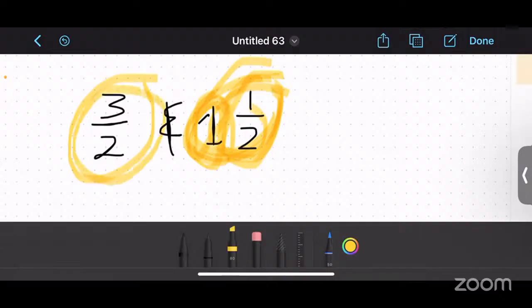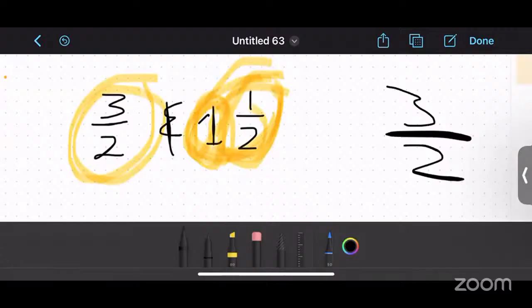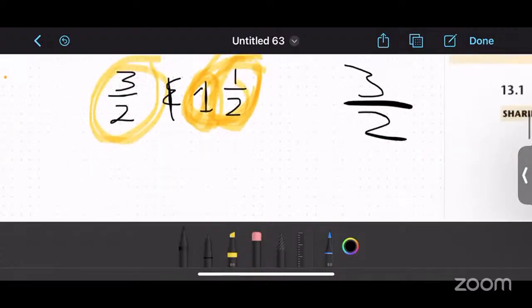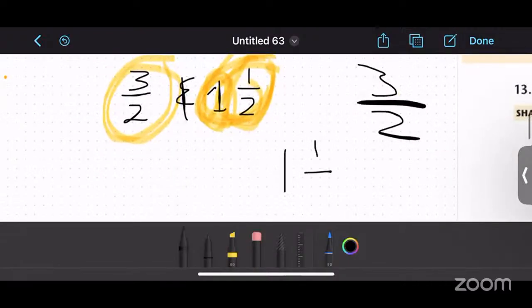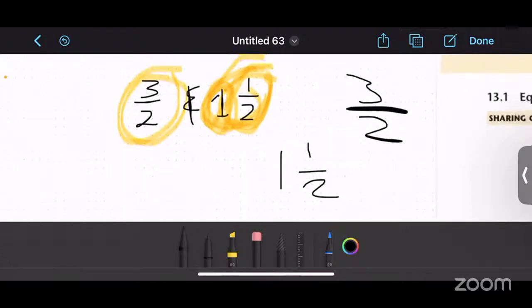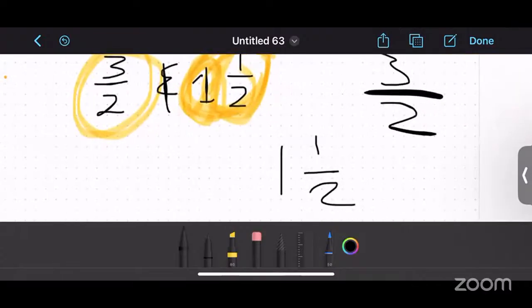When somebody says write 3 out of 2 or 1.5 as a fraction, you will say 3/2. But if they say in terms of mixed fraction, it's going to be 1 1/2, right?